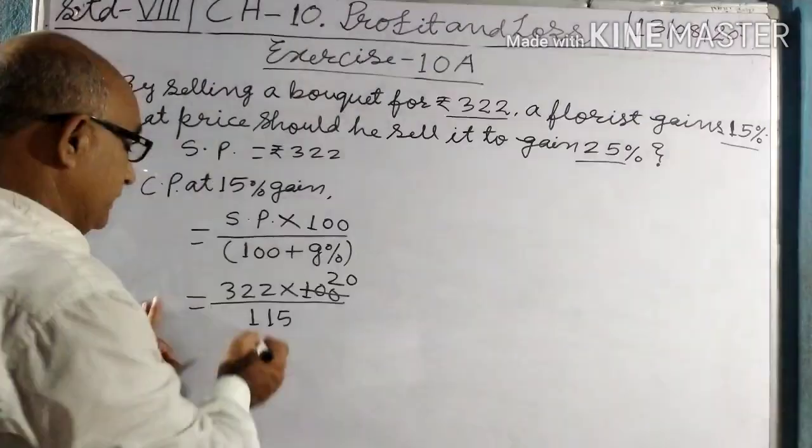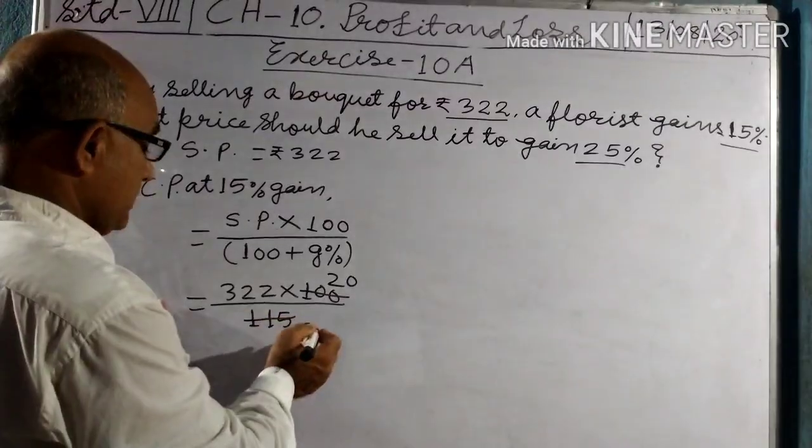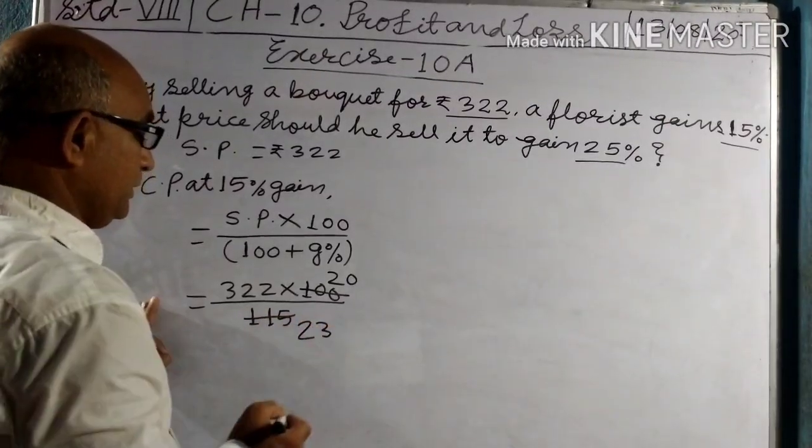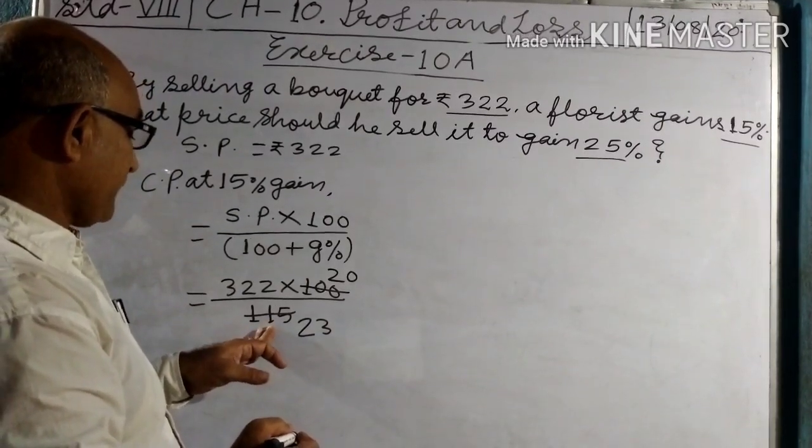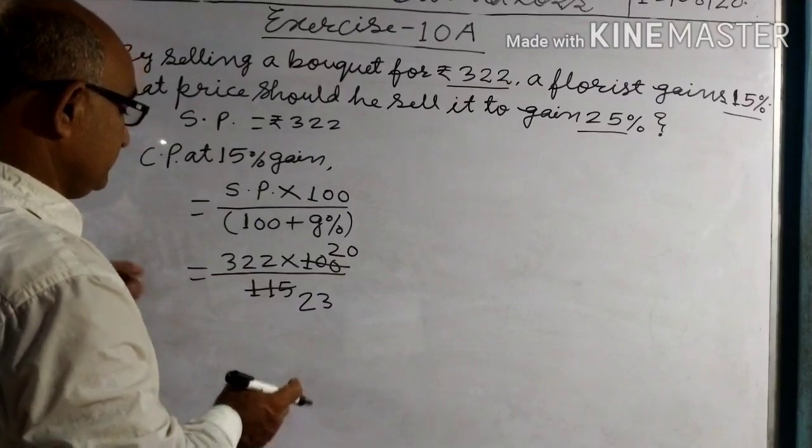5 twenties are 100, and 5 twenty-threes are 115.